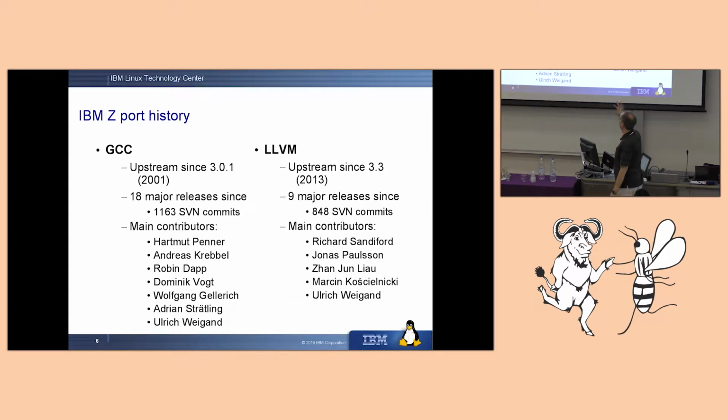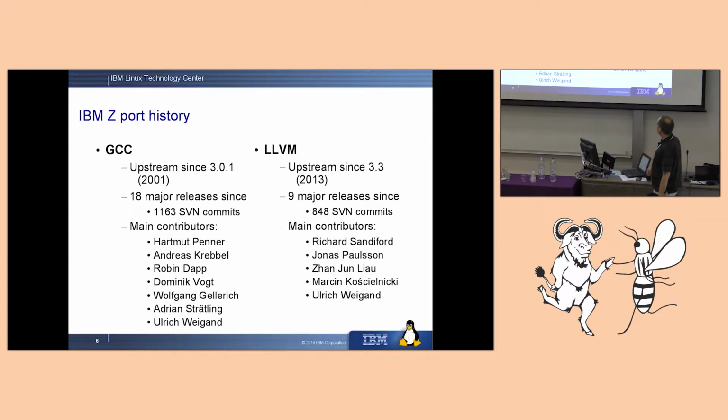As I said, we've supported GCC forever, and it's been upstream since 3.0.1. We missed 3.0 for FSF copyright assignment paperwork reasons, but it was in 3.0.1 in 2001. There have been, I just counted, 18 major releases since, every one of which worked fine on our platform, I hope.